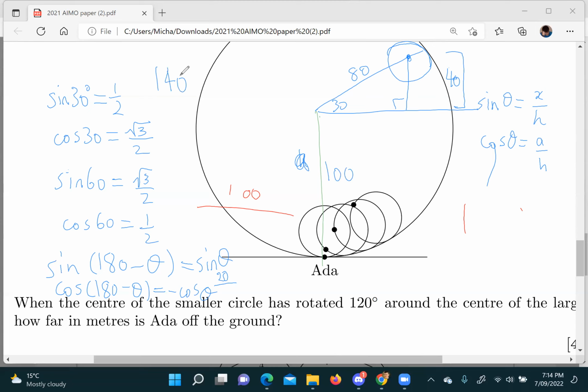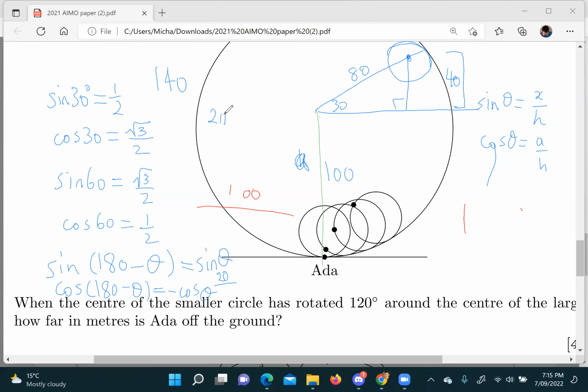So this is where your thing comes in now, right? You said it rotated 5 times. I need to check my working. 120 degrees equals 1/3 of the total circumference of the largest circle. So it would be 2 pi times 100 over 3, divided by the circumference of the small circle.